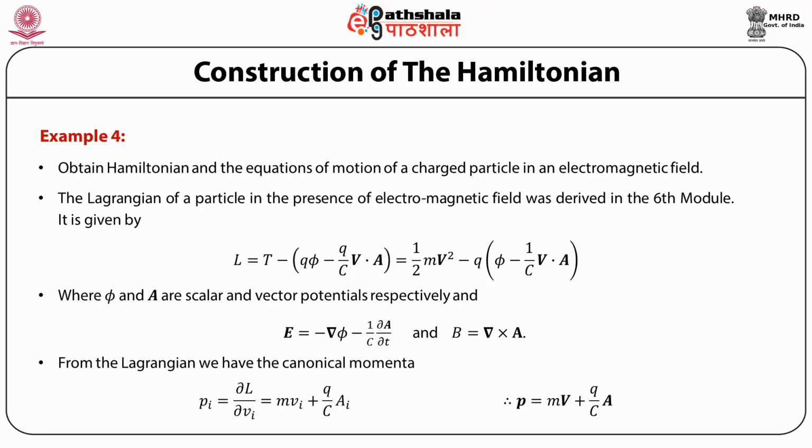Therefore, the canonical momentum P is equal to the Cartesian momentum mv plus q by c into the vector potential A. So this is an important result: in the presence of an electromagnetic field, the conjugate or canonical momentum of a charged particle can be written as a sum of the ordinary momentum mv of the particle plus a term which is q by c into the vector potential.